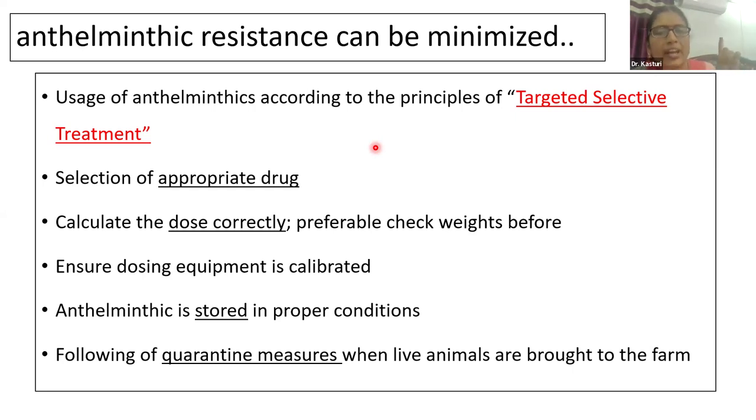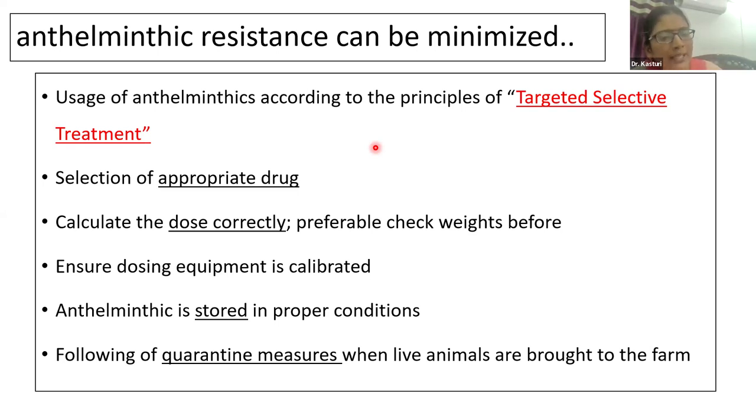That is choosing an appropriate drug, which is suitable for that particular infection, administering it in a correct dose, judicious usage of that drug, and also making sure it is administered with calibrated dosing equipment. This ensures that the complete dose has reached the animal, which is also important.